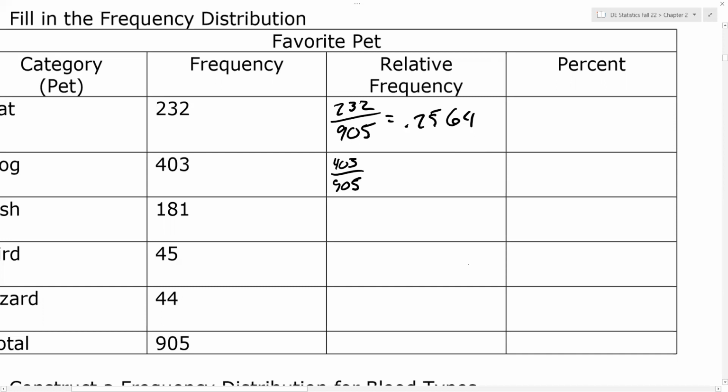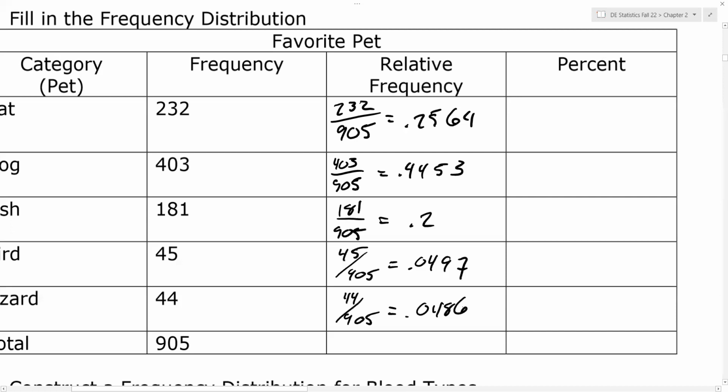And then our final one, so there's our relative frequencies. And then to turn those into a percent, we multiply by 100, which means we are simply moving our decimal 2 places to the right.